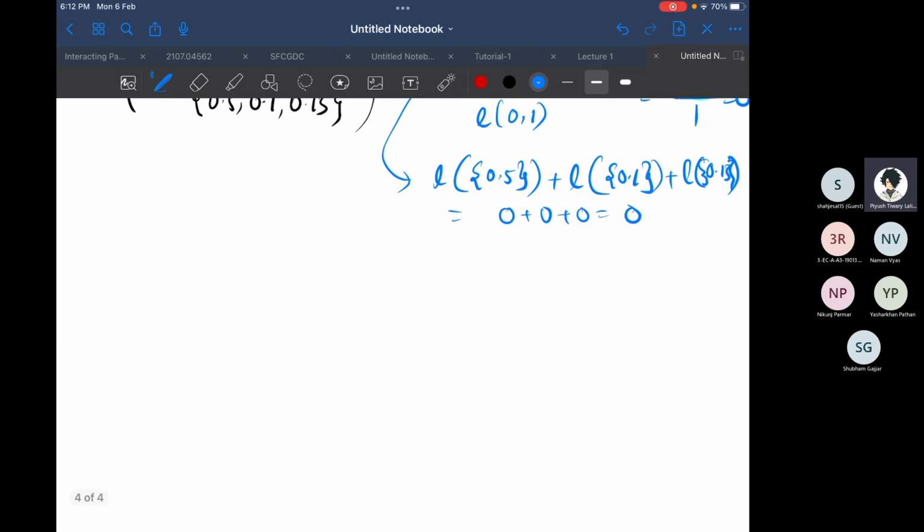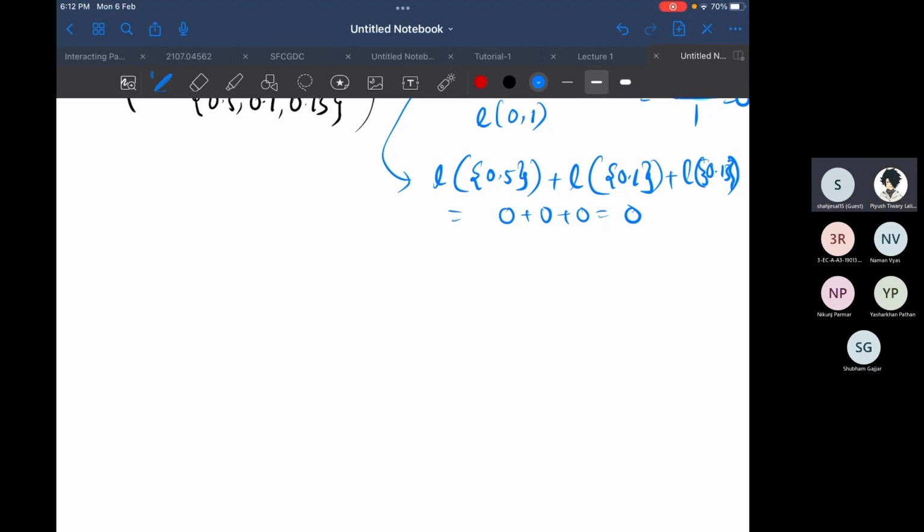So is your question something like, if the probability of breaking a stick at point 0.5 is 0, does that mean that if I break a stick, it will never break at 0.5? Is that what you are asking?